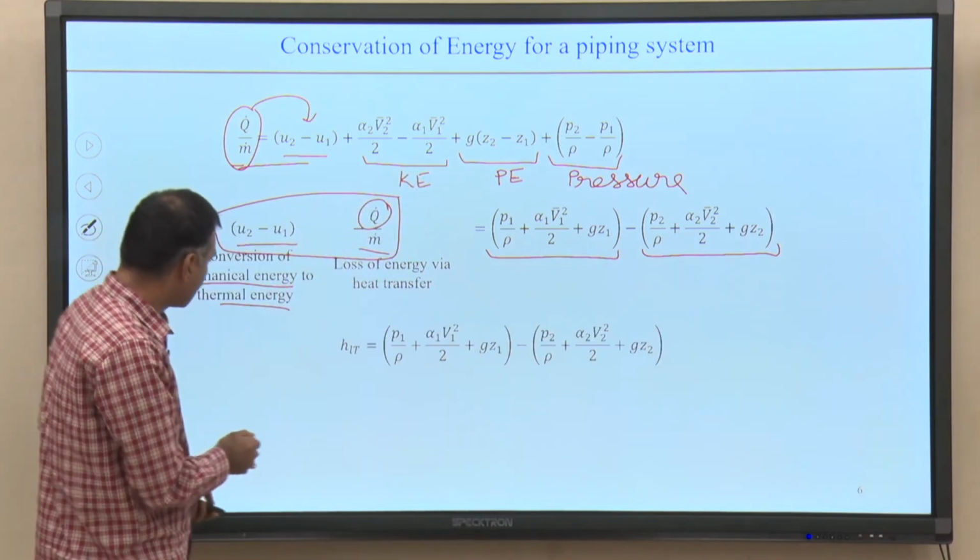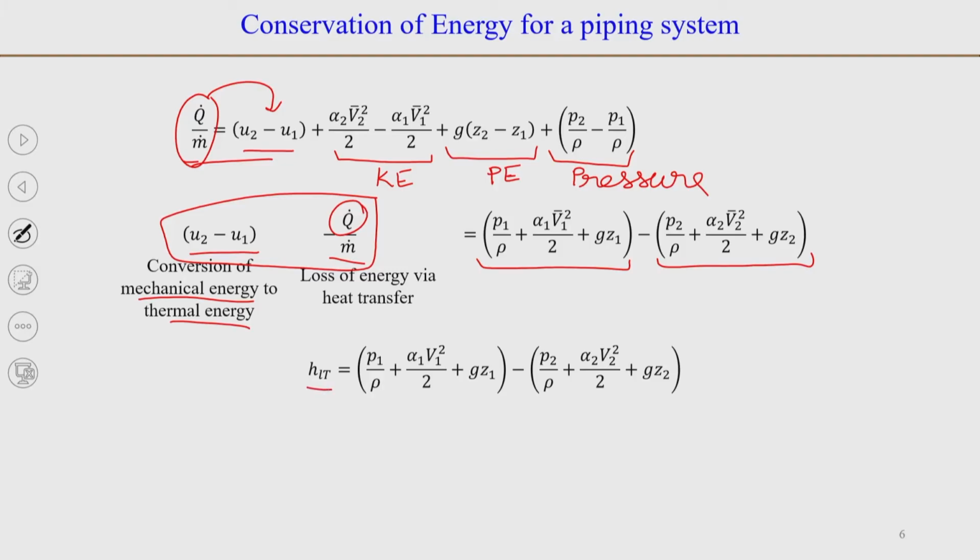Okay. So, this term is basically what we call the total loss of mechanical energy per unit mass. Because we represent it per unit mass, the unit of energy per unit mass will be meter squared per second squared. You can see it easily from here: g is meter per second squared into meter.